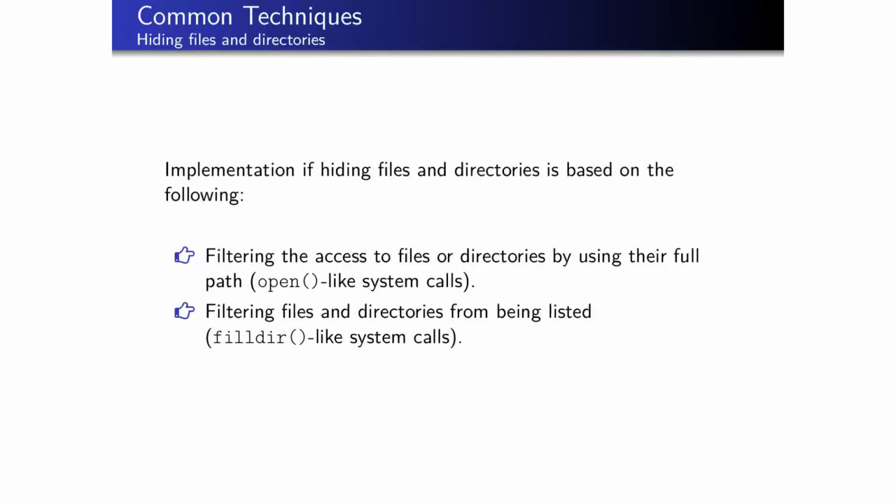The first approach is to filter out access to files by their full paths. It means that when you want to open some file, you have to provide the full path to this file. That is one point inside the kernel at which you can filter by full path name. And the other one is the set of so-called filldir functions.